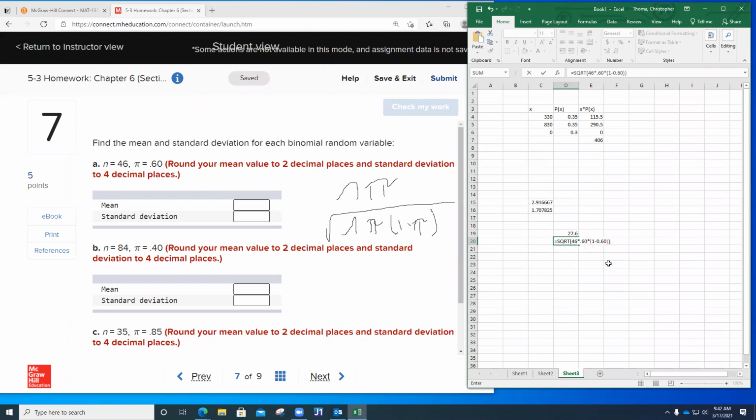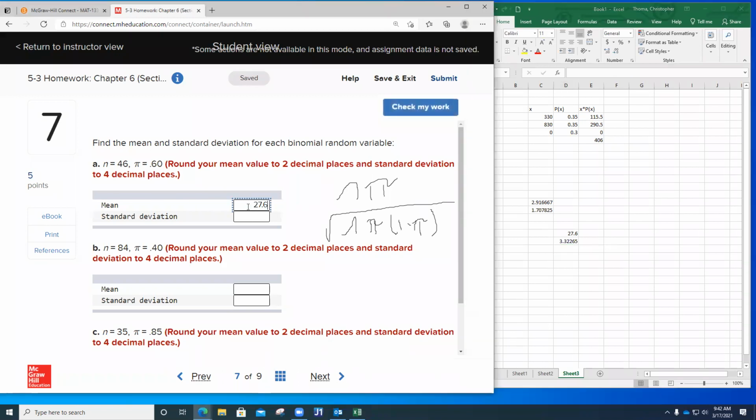I'm just showing you all the steps so you can see it, right? Because it's n, 46, probability of success, 60% or 0.6. Probability of failure would be 40% in this case, which is just the complement, 1 minus 0.6. So we have 27.6, and a standard deviation of 3.2.